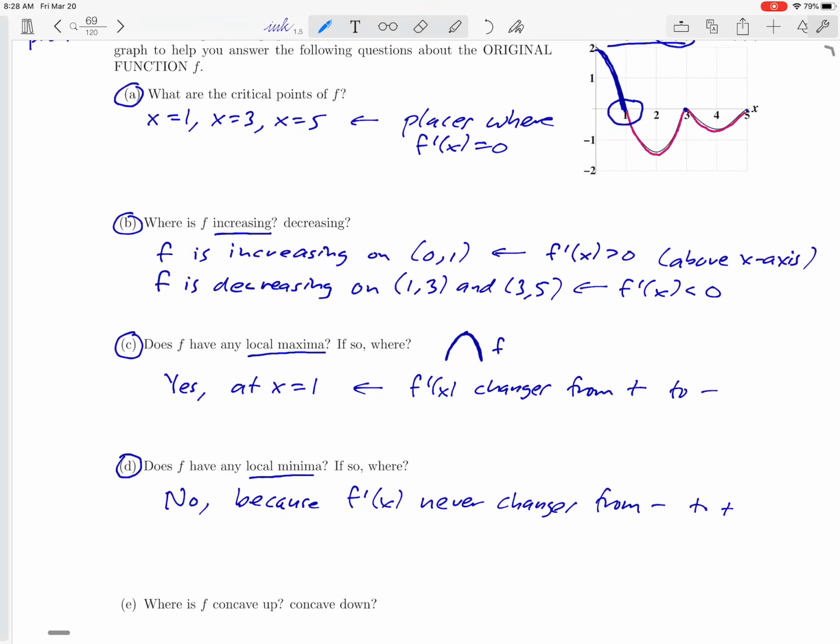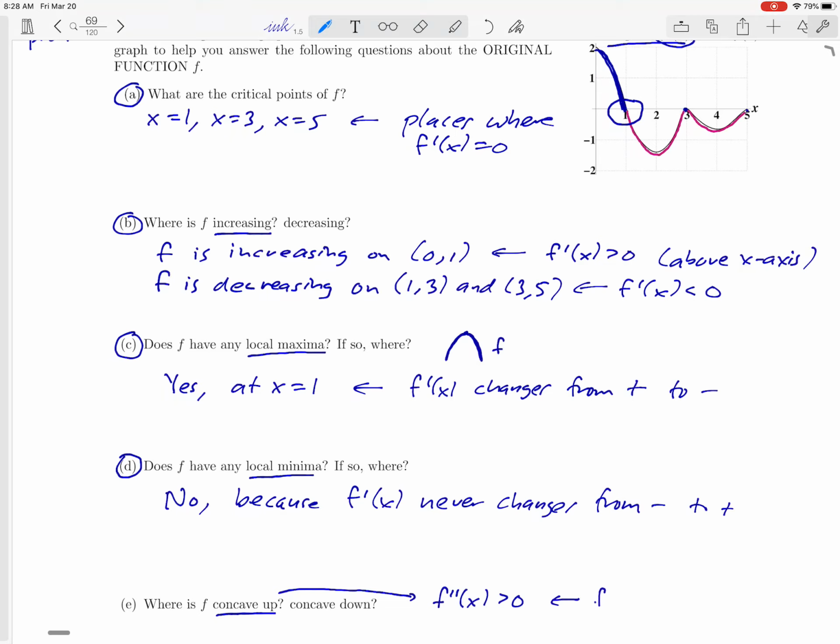So how do we answer a question like this if all we have is a graph of the first derivative? Well, one way would be to think about connections between the second and the first derivative. Let's start just with the concave up part of this question. Remind ourselves that a function will be concave up when its second derivative is positive.